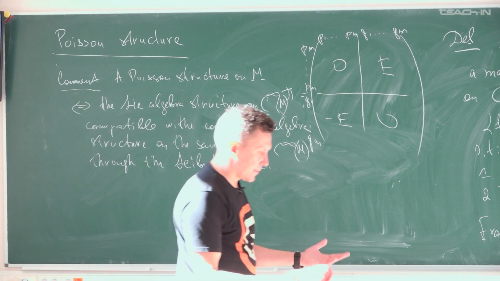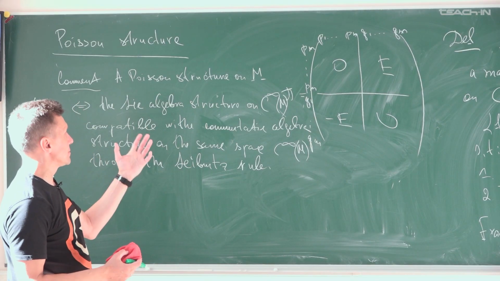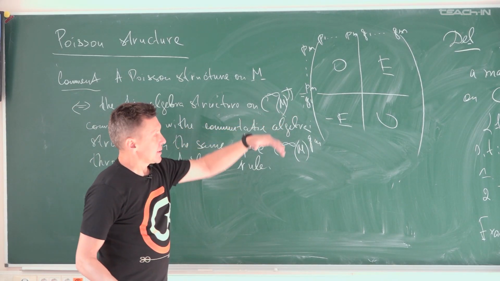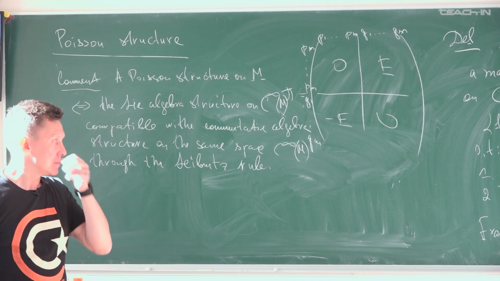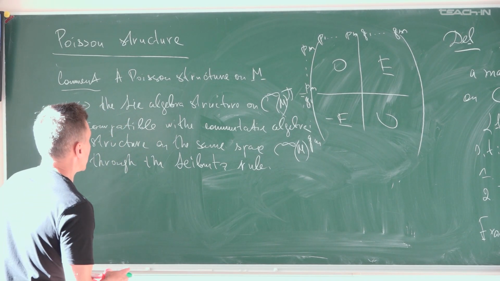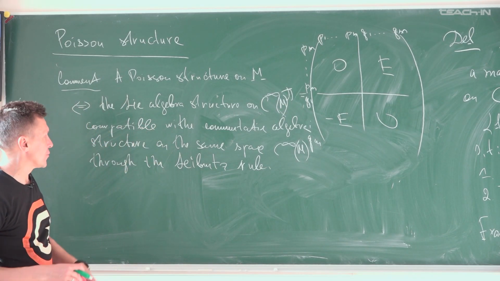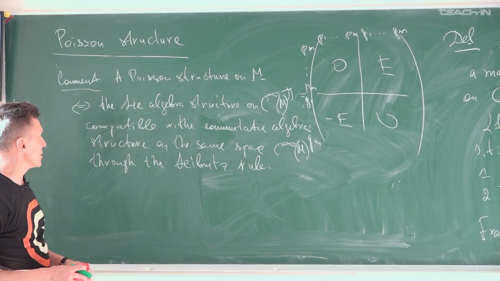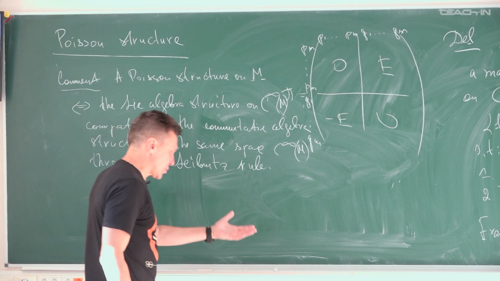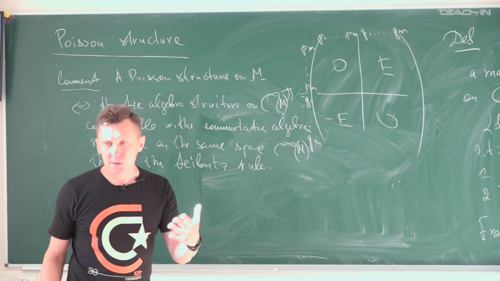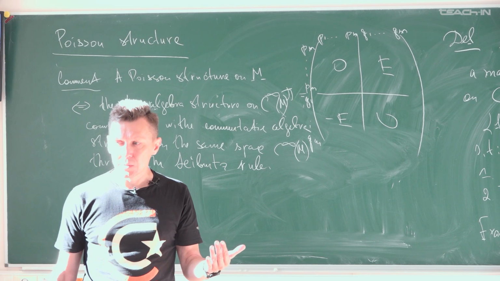So we will think now about this space as a space with two structures which are compatible. And it was the idea of Sophus Lie at his time to introduce some algebraic structure into the field of dynamical systems.